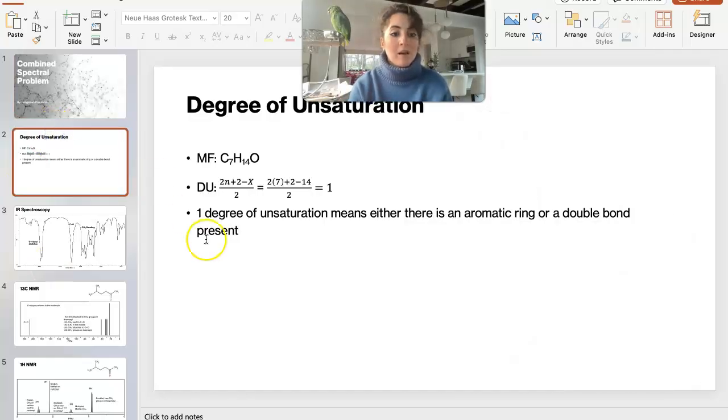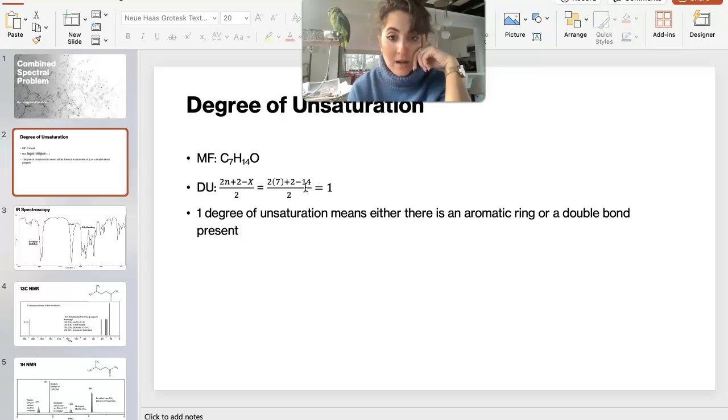The molecular formula that I was given was C17H14O. The first thing that I did was calculate my degree of unsaturation with the formula (2n plus 2 minus x) divided by 2, where n stands for the number of carbons and x stands for the number of hydrogens.